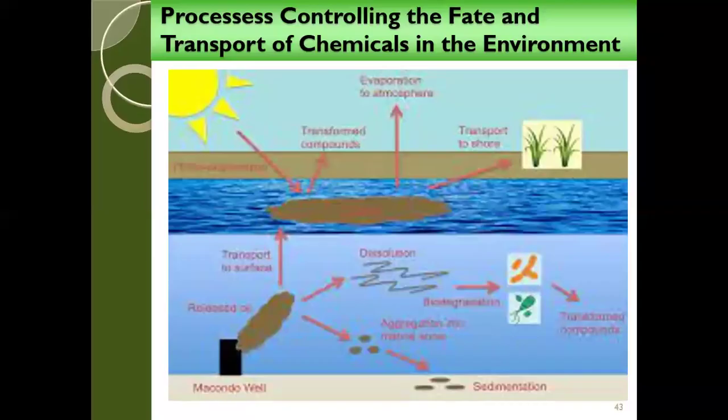Dissolution is there. They can aggregate. And when they aggregate, they become deposited, maybe on the soil or in the water body, and so on and so forth. They have transport to the shore, transformed compounds. They can evaporate from the land, or from the river or water.